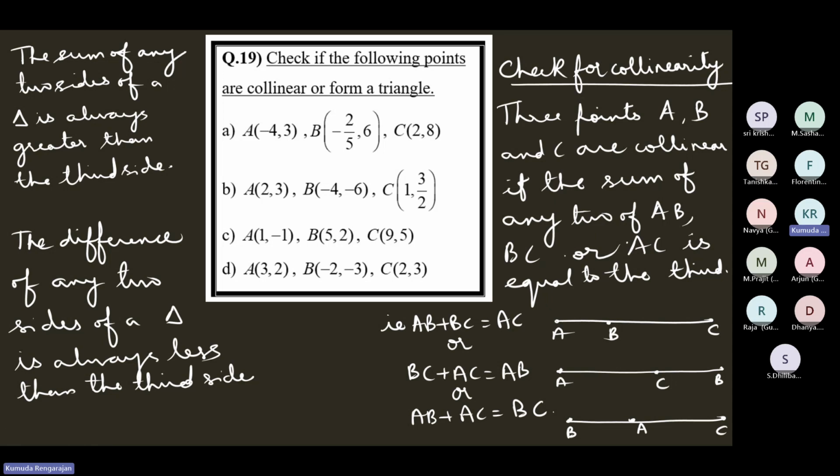Yeah, hello children. Tell me for the first one, your values for AB, BC and AC. Yeah, tell me, somebody.